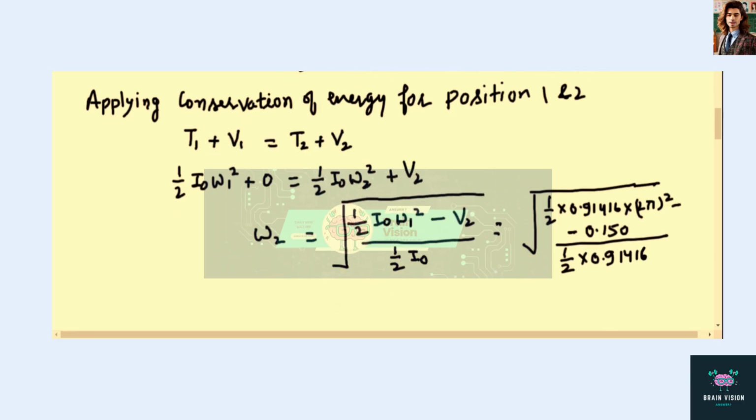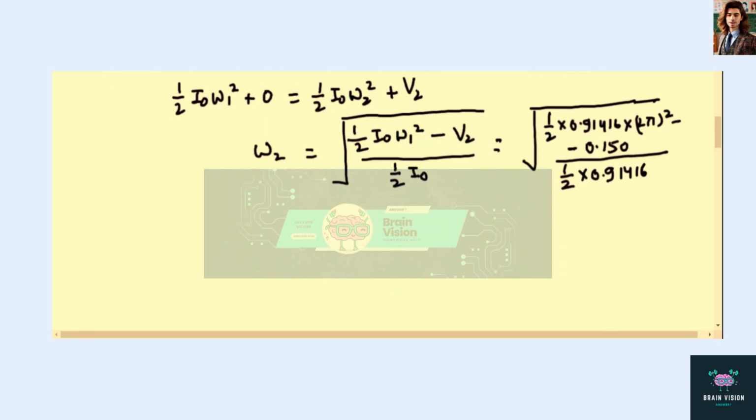So on solving it, omega 2 you will get 6.257016 radian per second.